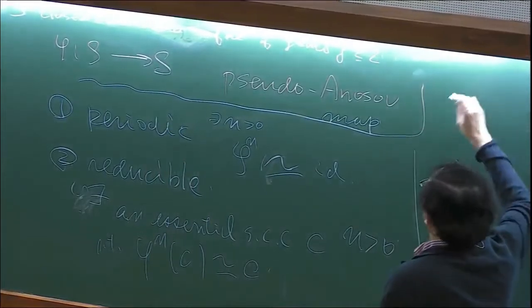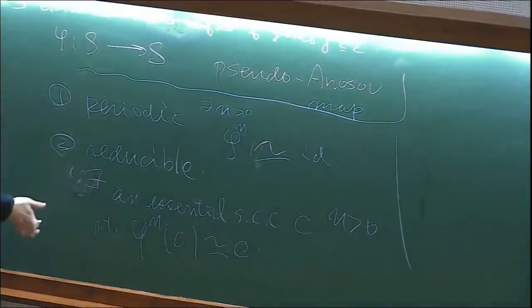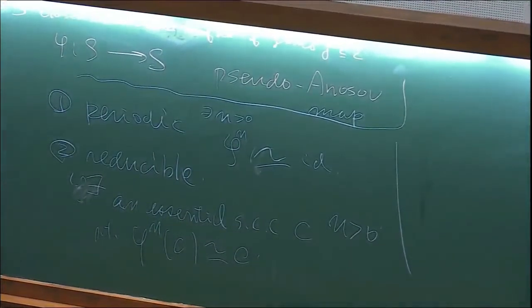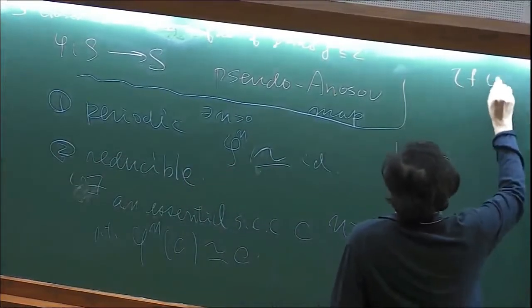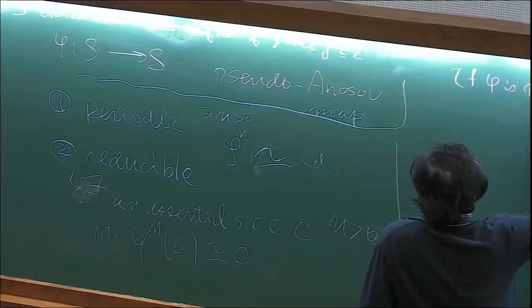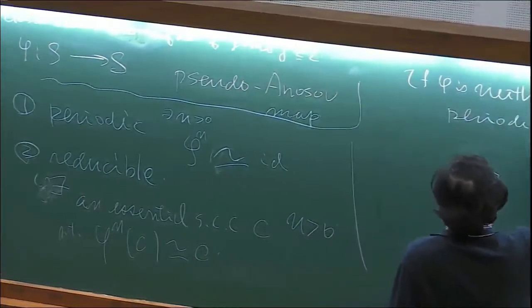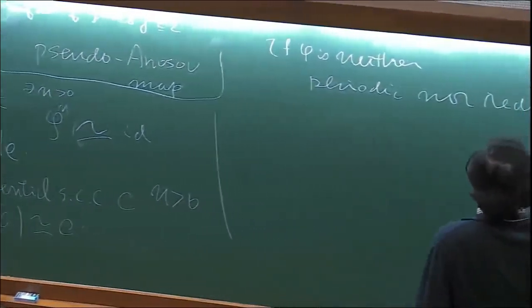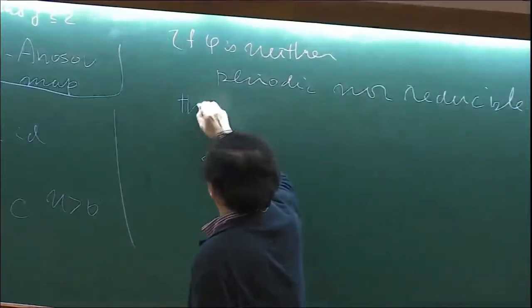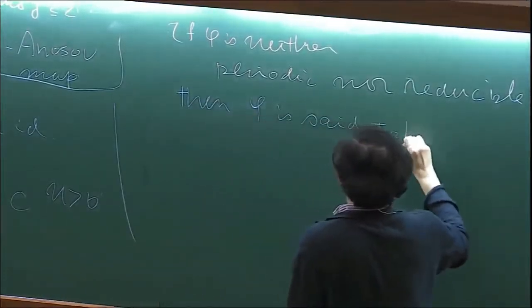The pseudo-Anosov is all the other cases. So if phi is neither 1 nor 2, neither periodic nor reducible, then phi is said to be pseudo-Anosov.